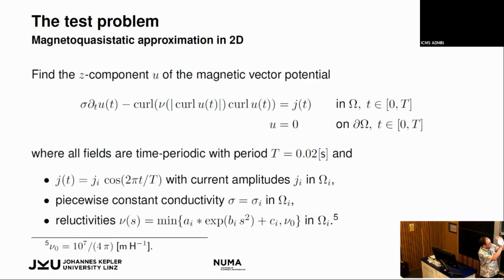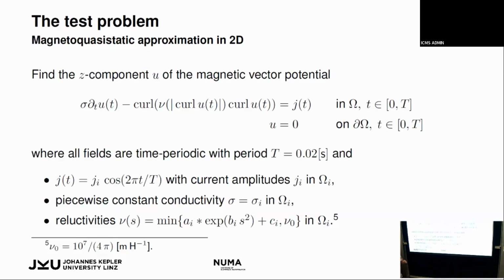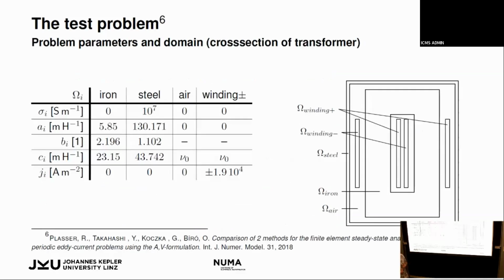In order to have everything analytic, there is a model, the so-called Brauer model, that fits somehow this behavior between magnetic field H and B. Since here we have an exponential, if it grows and grows and explodes, we cap it at the permeability of free space.